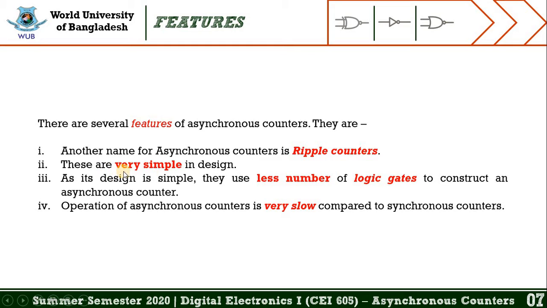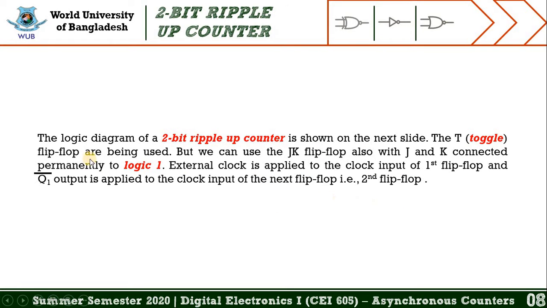Next, these are very simple in design. Next, as the design is simple, they use fewer logic gates to construct an asynchronous counter. Operation of asynchronous counters is very slow compared to synchronous counters.